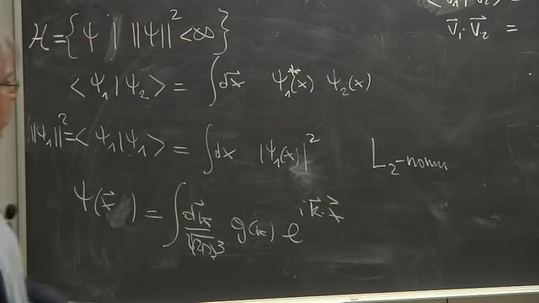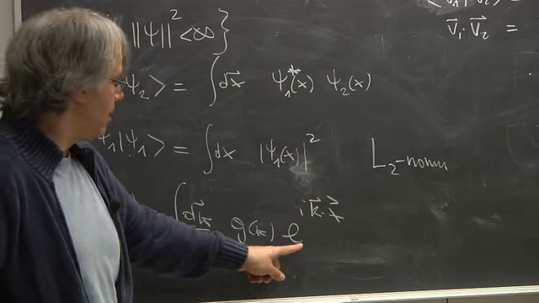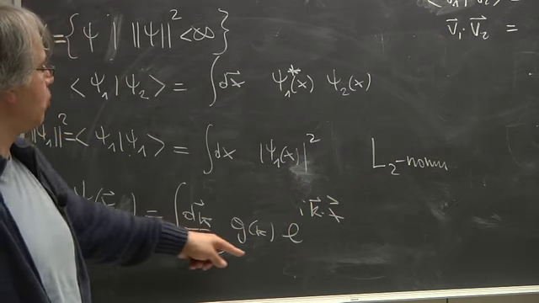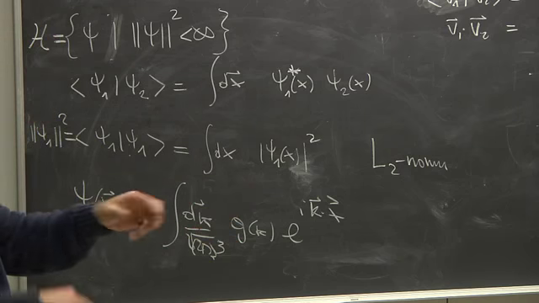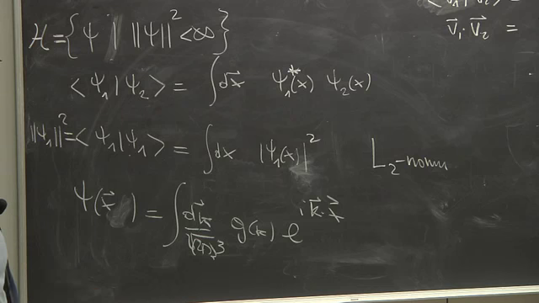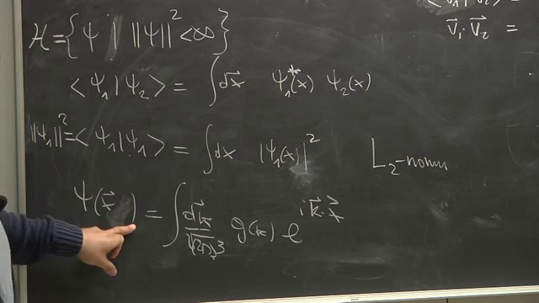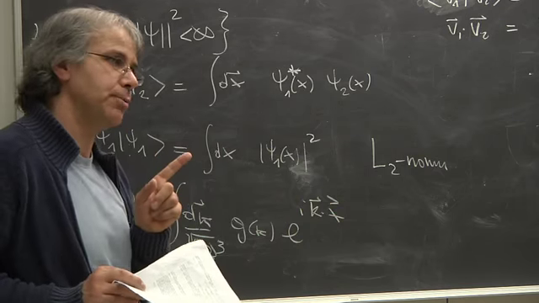So the plane wave by itself is not normalizable. But if you superimpose many of them with the proper weight, you can form a perfectly well-defined wave packet which oscillates and decays very soon, which is normalizable. So this thing could be very well normalizable, while the basis object here by itself is not.